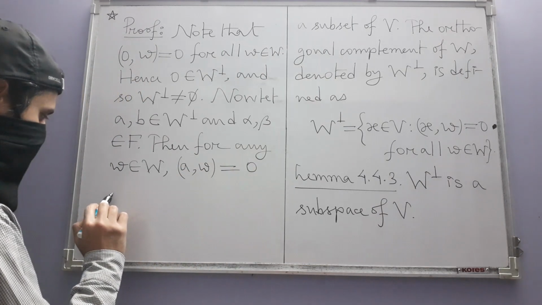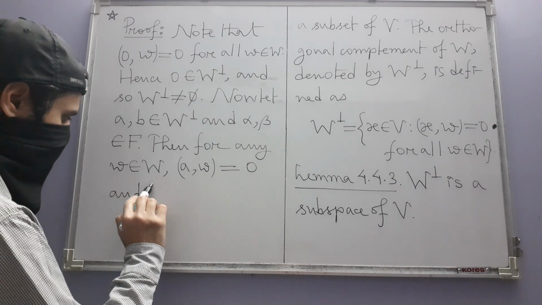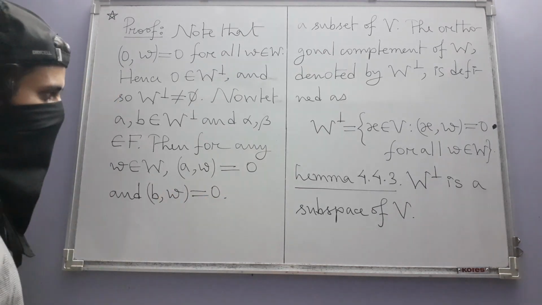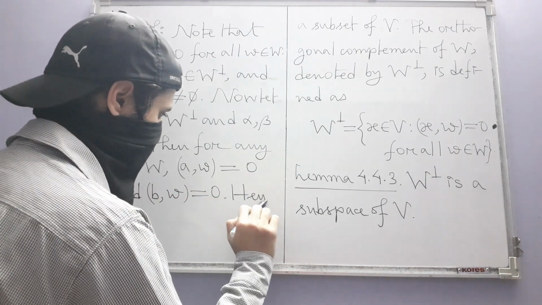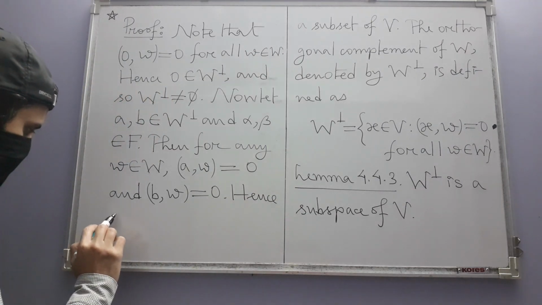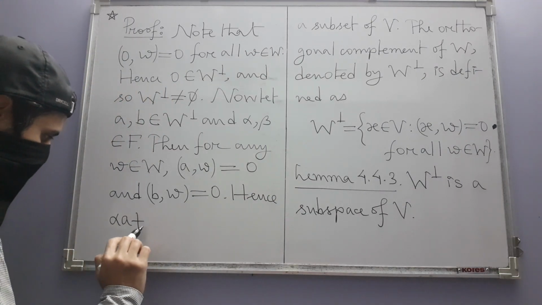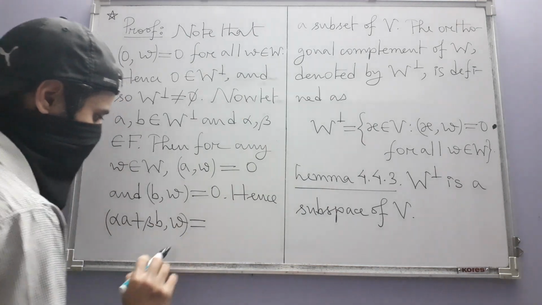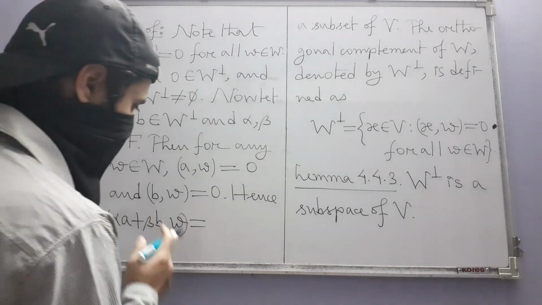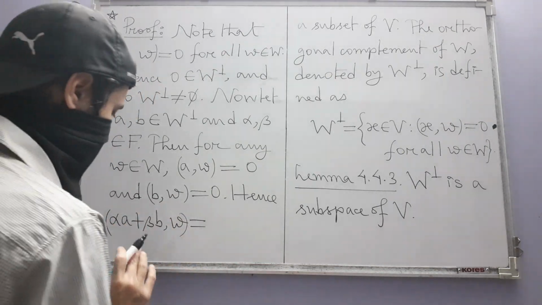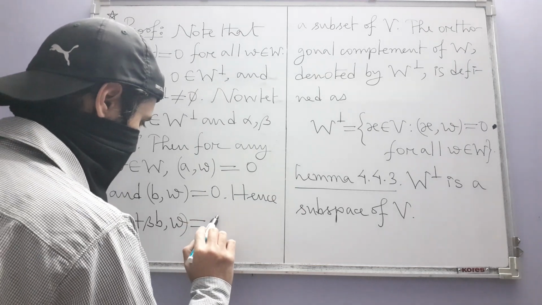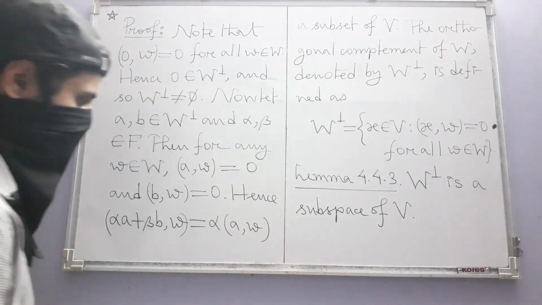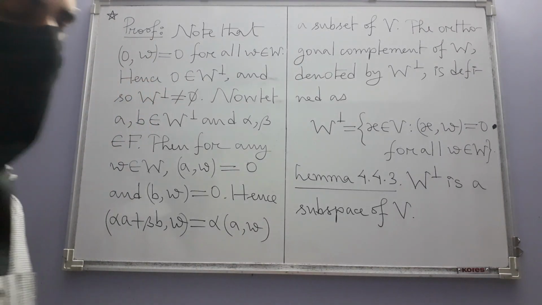The inner product of A and w is equal to 0 and the inner product of B and w is also equal to 0. Hence, the inner product of alpha A plus beta B and w, which by one of the conditions for a function to be an inner product, is equal to alpha times the inner product of A and w plus beta times the inner product of B and w.